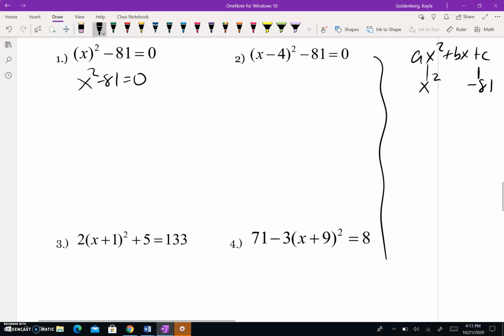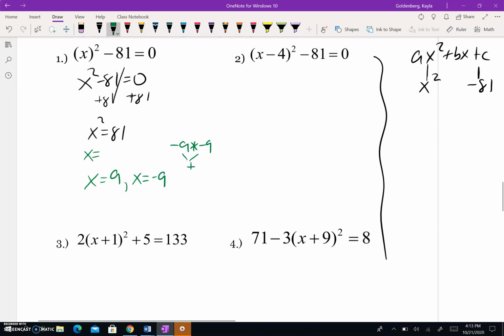And if I want to solve for x, what's kind of nice about this is if you add 81 to both sides, I'm telling you that x squared is 81, and I bet you could tell me what squared is 81. I bet some of you remembered this guy here. Remember if you do a negative 9 times a negative 9, two negatives make a positive 81.